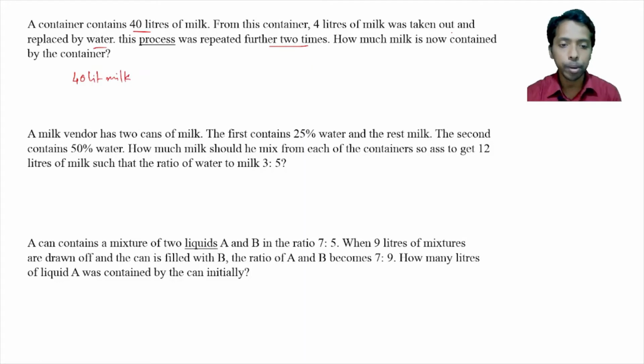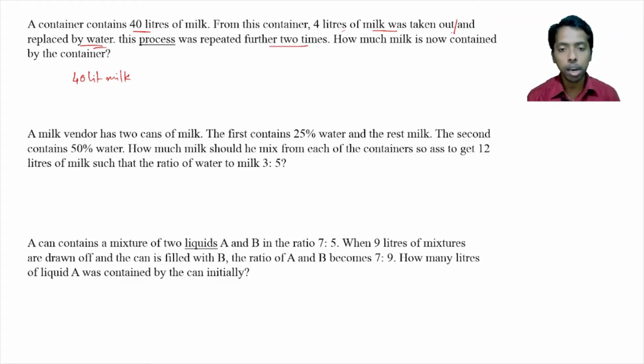Now finally it is asked how much milk is now contained by the container. And 4 liters of milk is taken out. That is okay, and now replaced by water. Replaced by water means the concentration of milk gets changed. You have to understand this. If initially 40 liters of milk is there and you are adding something which is not milk, then obviously the initial milk concentration would go down, right?